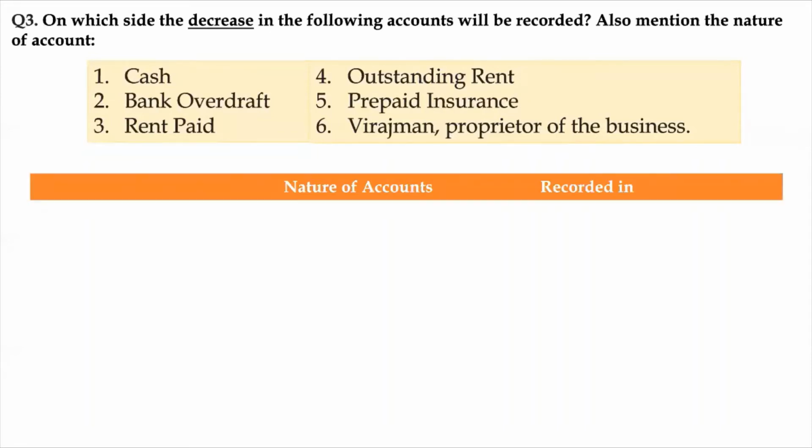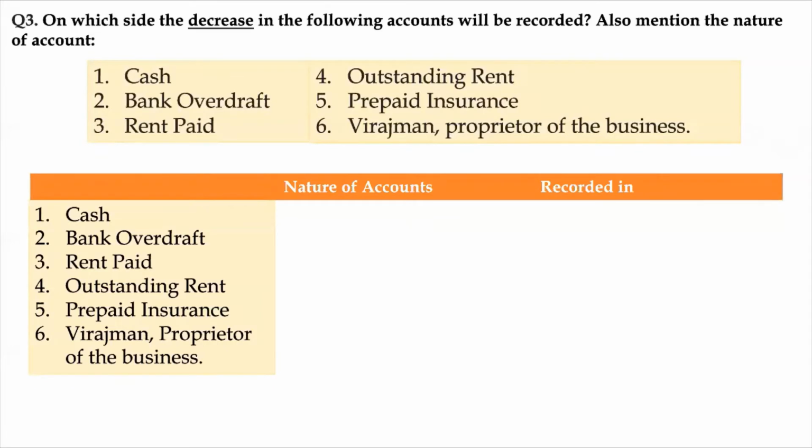Okay, so we will make that table again and we'll write all the transactions on one side. Then we will classify the nature of account they are from. So cash is asset, bank overdraft is liability. Okay, overdraft means you are withdrawing beyond the limit of the bank balance.